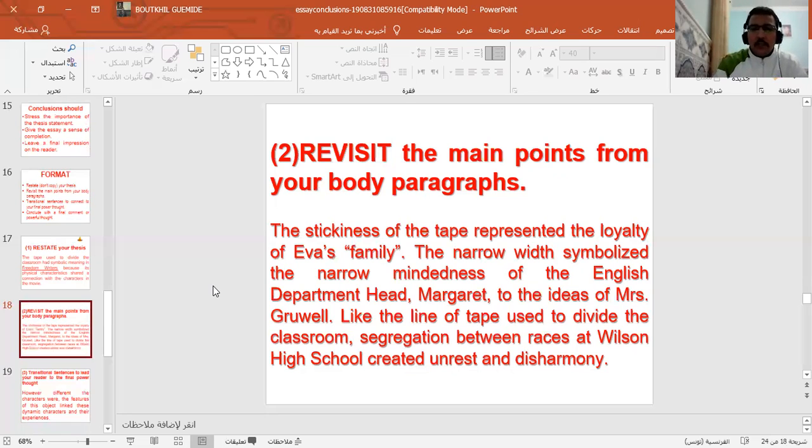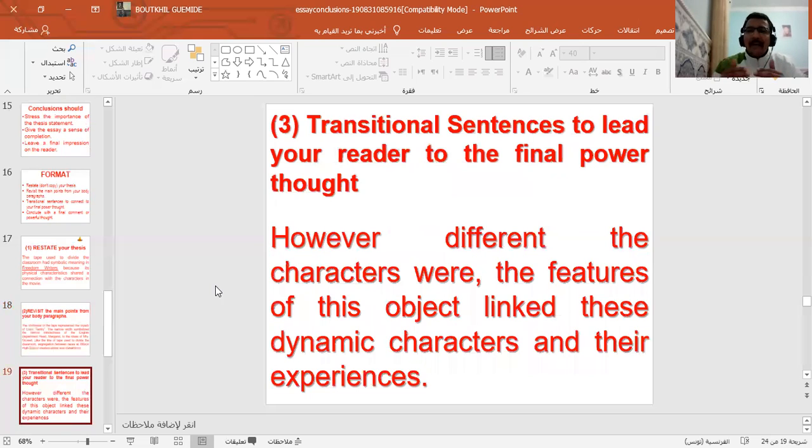We have sentence number 1, number 2, number 3, which means we had 3 main ideas discussed and analyzed in our body paragraphs. Then a transitional sentence acting like a liaison between the summary of the main points and the last sentence, leaving the great impression on your reader's mind.